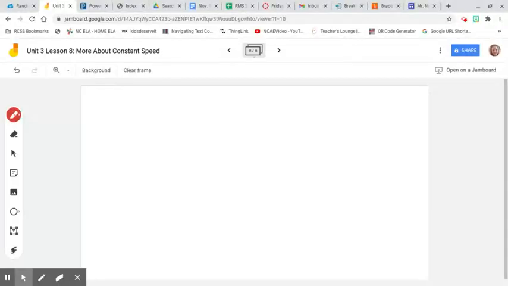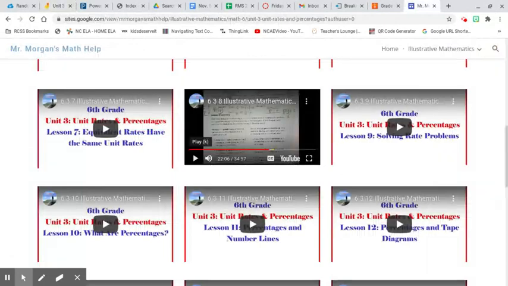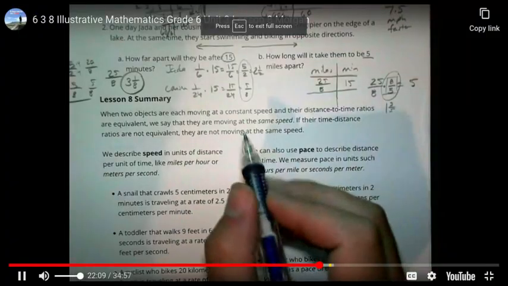So what basically he did was he took the miles and the time. Let me go back real quick. Time ratios are equivalent, see, they're moving at the same speed. Miles in the minute. That's what I wanted to see.